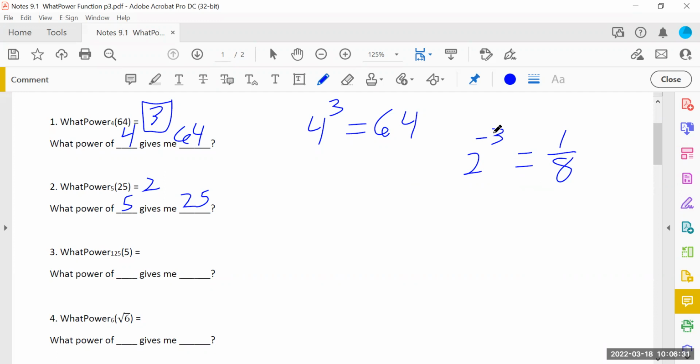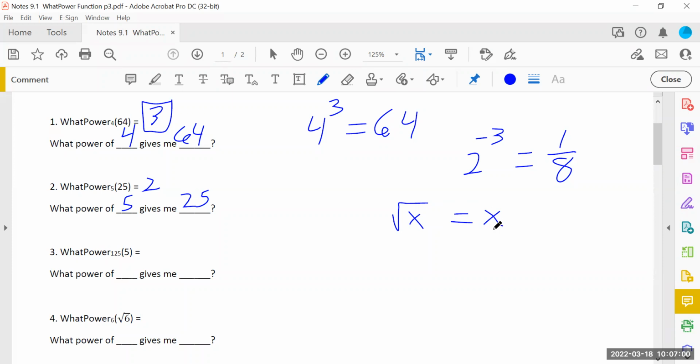Some other exponent rules. Think back to unit 6. How do I write the square root of x as x to a power? What is a square root as an exponent? Anybody remember? Sorry, a little louder. So there is a way to rewrite the square root of x as x to a power.